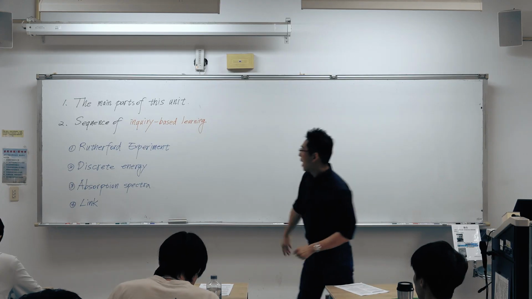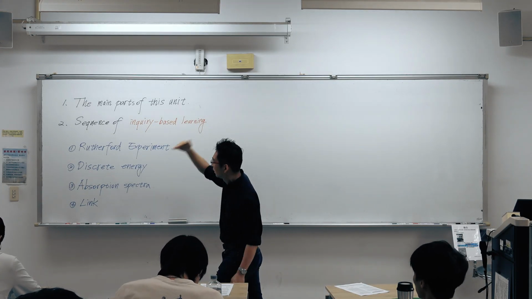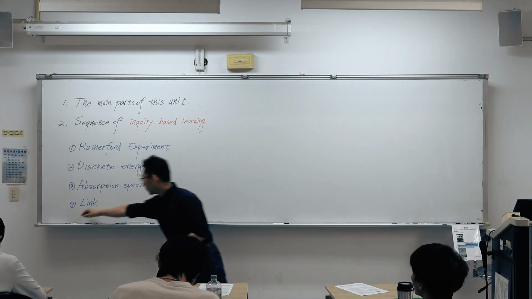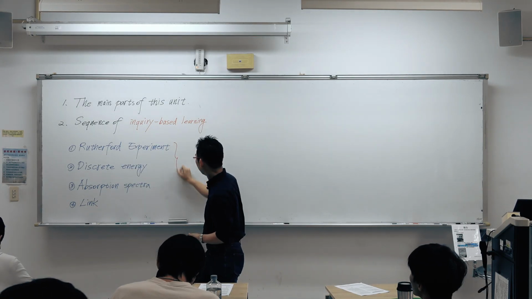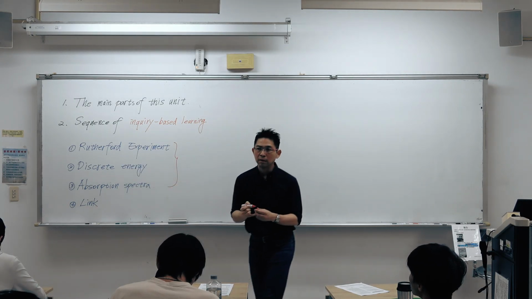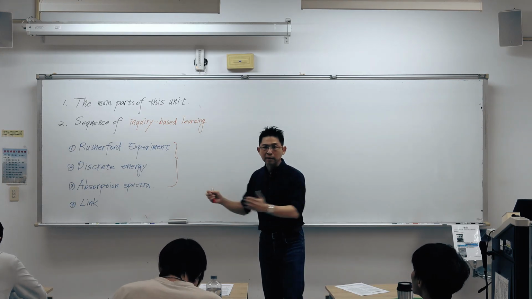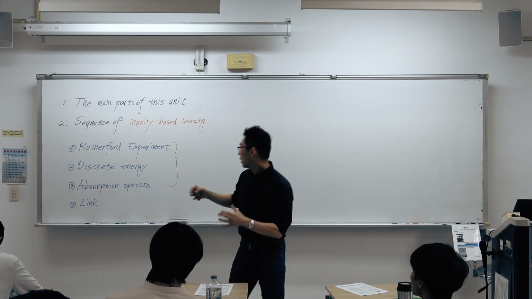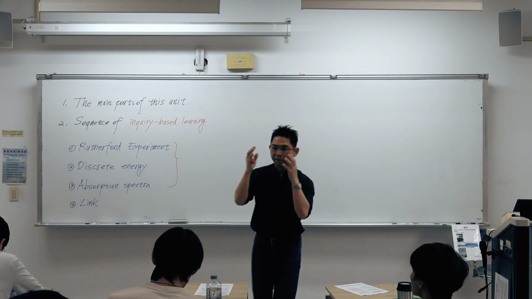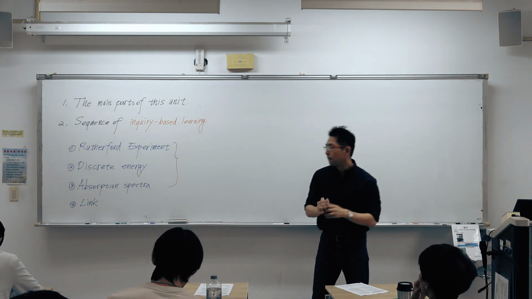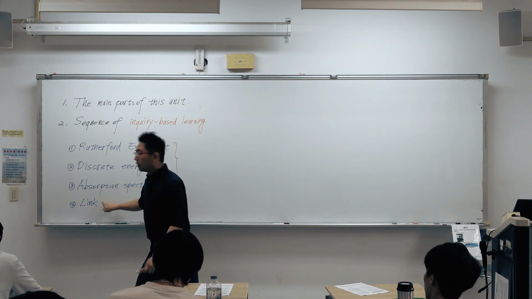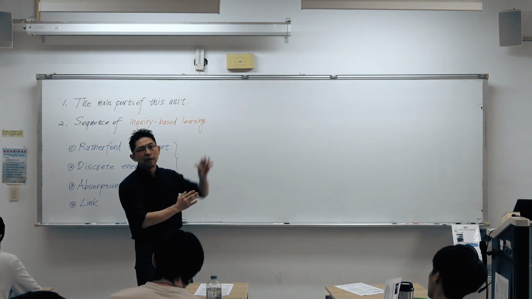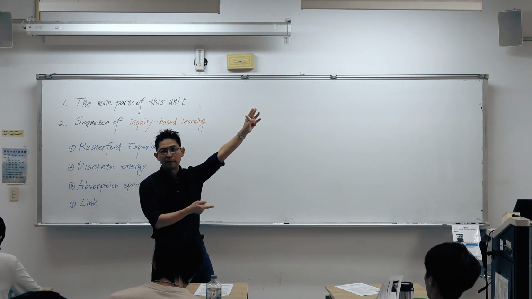Did you find that? Actually, Rutherford's experiment, discrete energy and absorption spectra are cases on the Earth, right? They are the cases on the Earth and also in the experiment. They could be controlled by physicists or scientists. But for the link case, we just observe the astronomical objects in the sky.